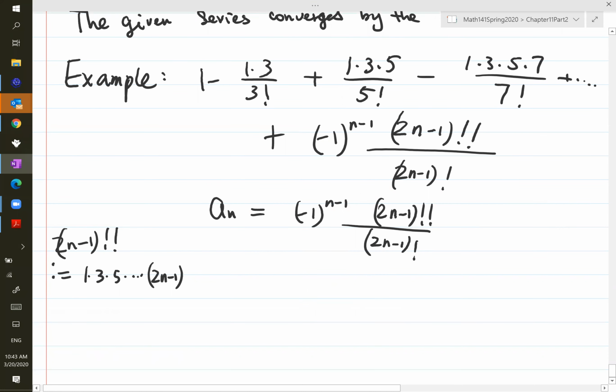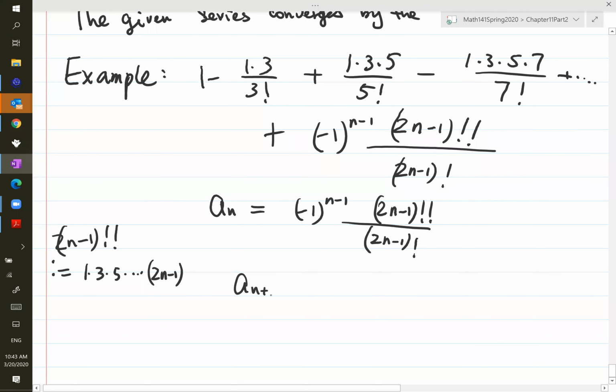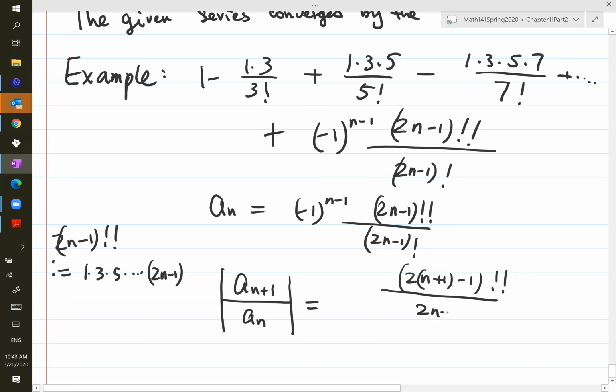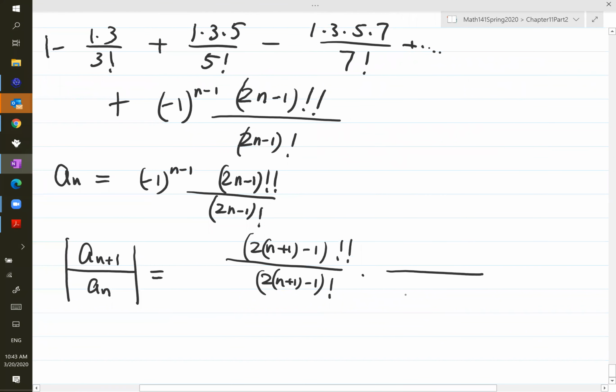We take the ratio, the absolute value of a_{n+1} over a_n. Then the alternating factor no longer shows up. We get (2n+1) double factorial over (2n+1) factorial, multiplied by the flipped a_n. Now we have a lot of cancellation.